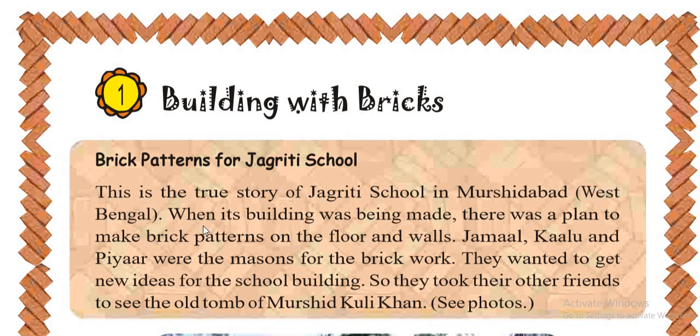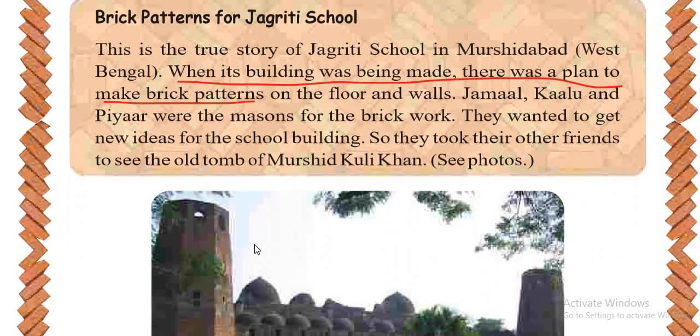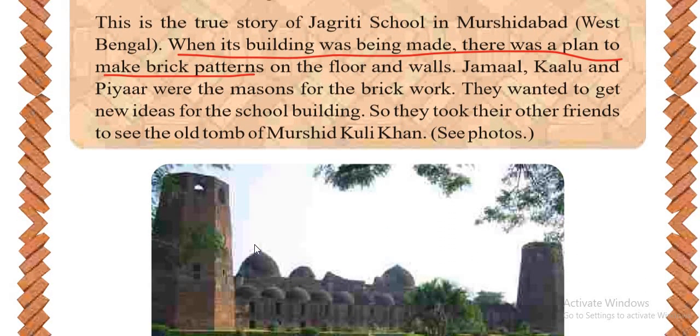When its building was being made, there was a plan to make brick patterns. Now I will show you the picture of a tomb. Here there is a picture of a tomb.